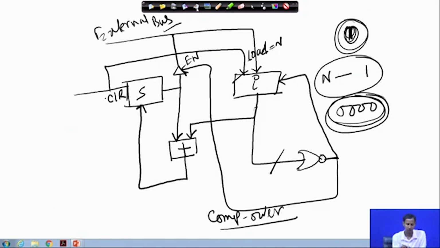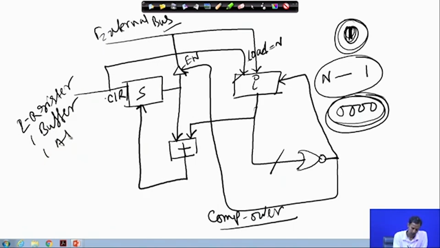In this architecture, I require 2 registers, for S and I, 1 buffer, 1 adder, and instead of a comparator, 1 NOR gate.